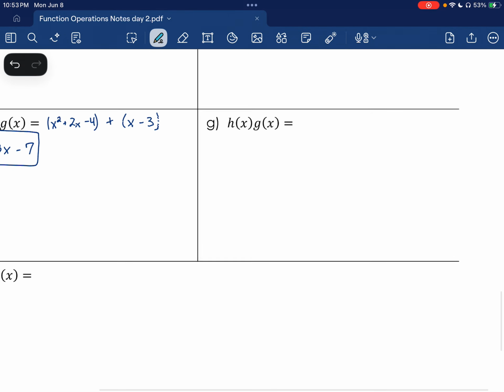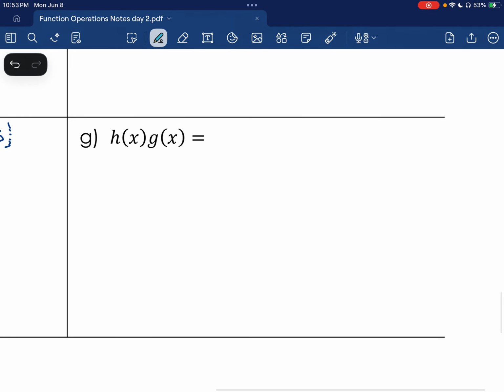So everywhere in those parentheses, we're going to bring back h of x.